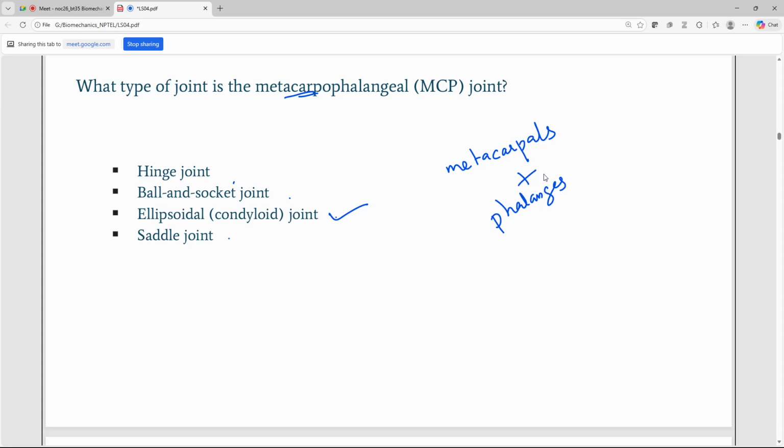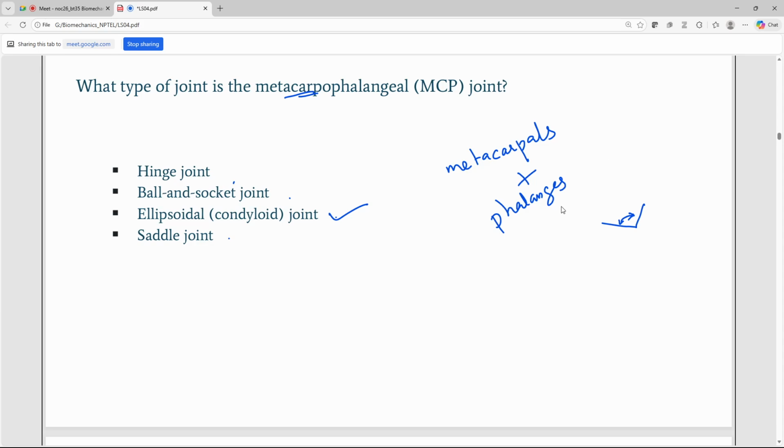So here, it is not just a hinge joint. If you see hinge joint, meaning you can only move in one direction, like a book opening and closing. So that kind of joints are called hinge joint.